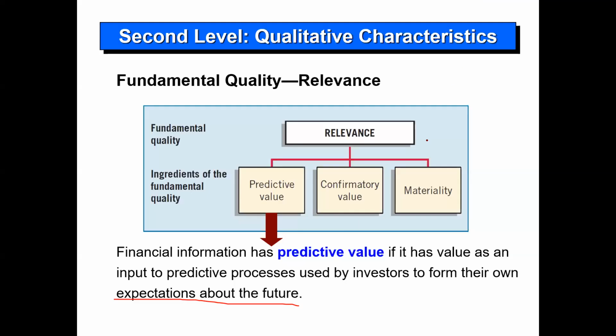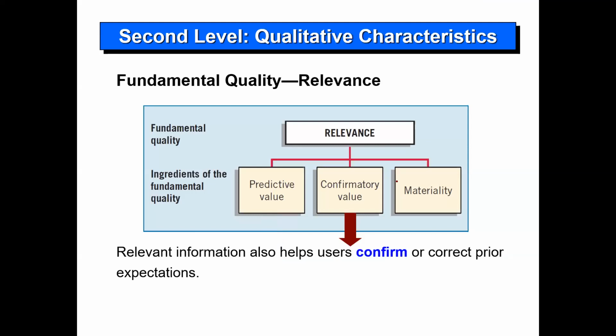What about the second بقى component أو ingredient اللي هو confirmatory value. Okay. Relevant information also helps users confirm or correct prior expectations. طيب in the first component, the predictive value, حضرتك you expected some values and you took decisions based على expectations دي.